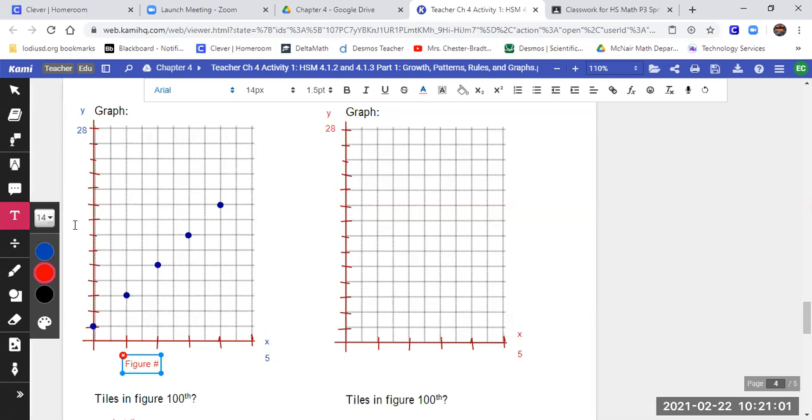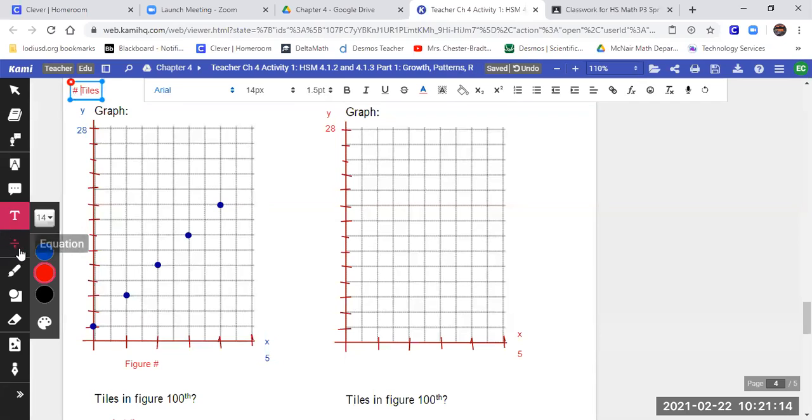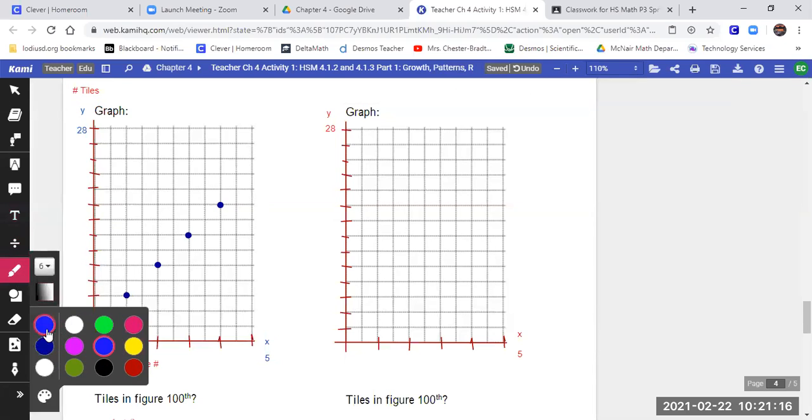And this one going here for the Y, it was tiles, number of tiles. So at 0 figure, number of tiles was 1. So 1 is going to go between because each of our up and down lines go by 2. So get about halfway in between and put your dot. Okay, figure 2.